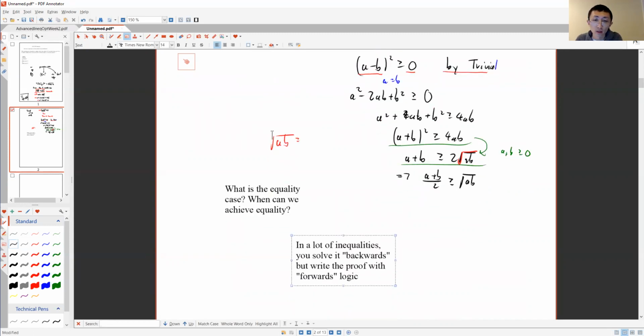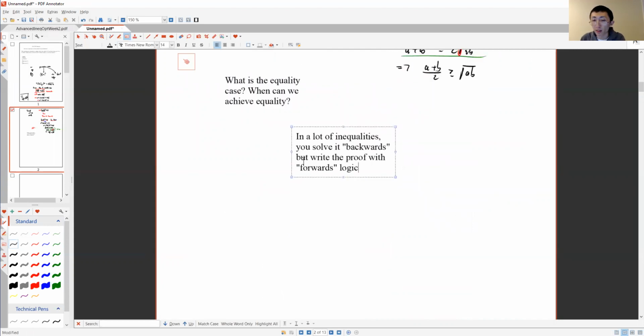Okay. So the classic example of something like this would be, let's say you're given the perimeter of some rectangle is, or maybe something like this.